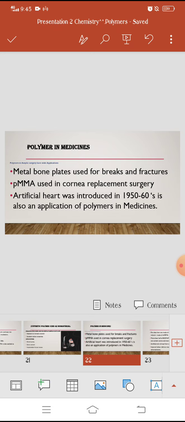Polymer in medicines. Metal bone plates used for breaks and fractures. PMMA used in cornea replacement surgery. Artificial heart was introduced in the 1950s to 60s and is also an application of polymers in medicine.